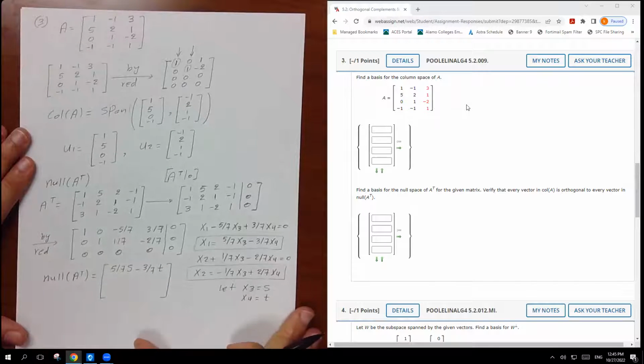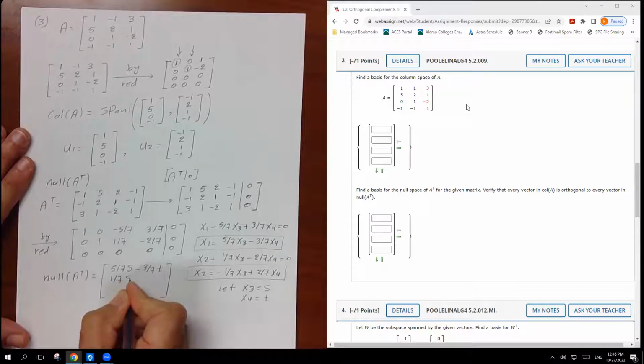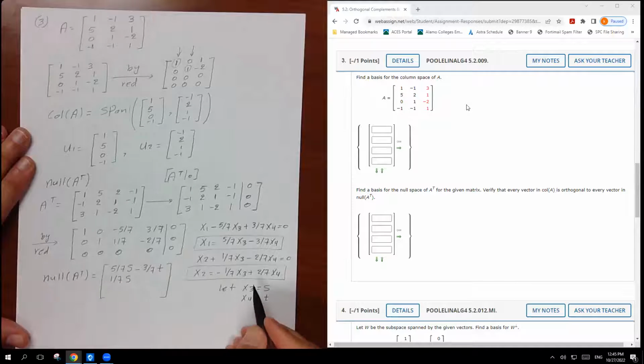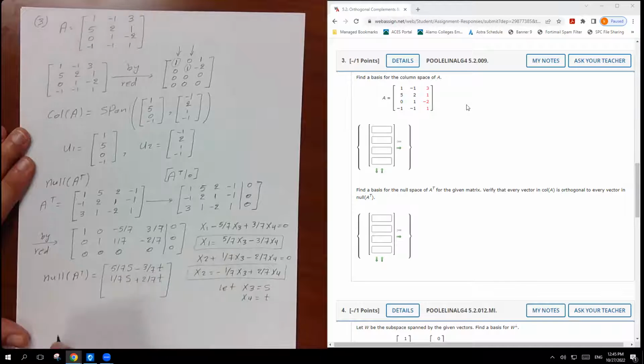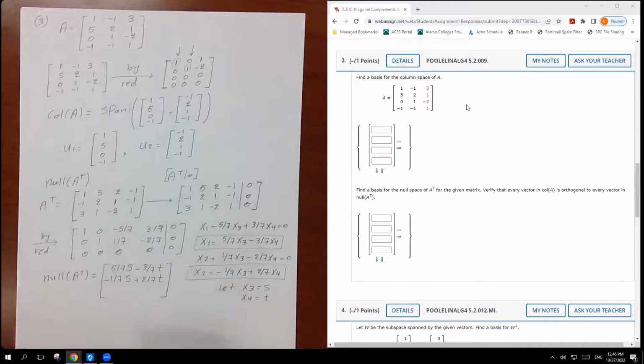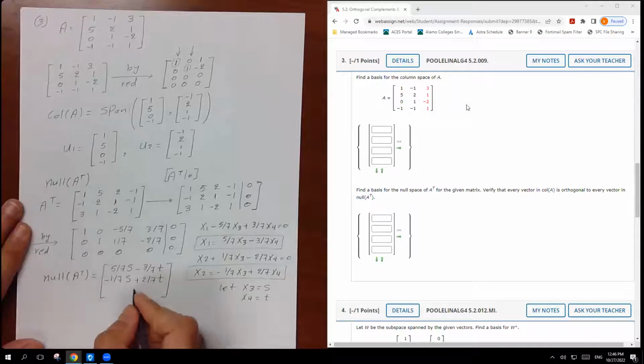And x2 is going to be minus 1 over 7 x3, which is s, so minus 1 over 7 s, and plus 2 over 7 x4, which is t. Okay. And x3 is going to be s, and x4 is going to be t.